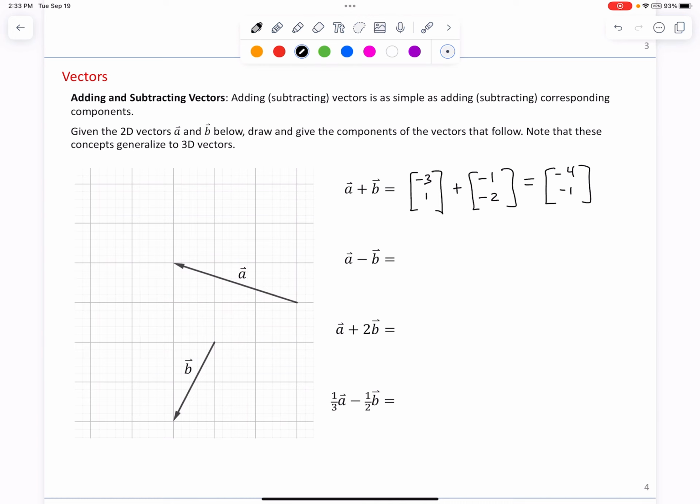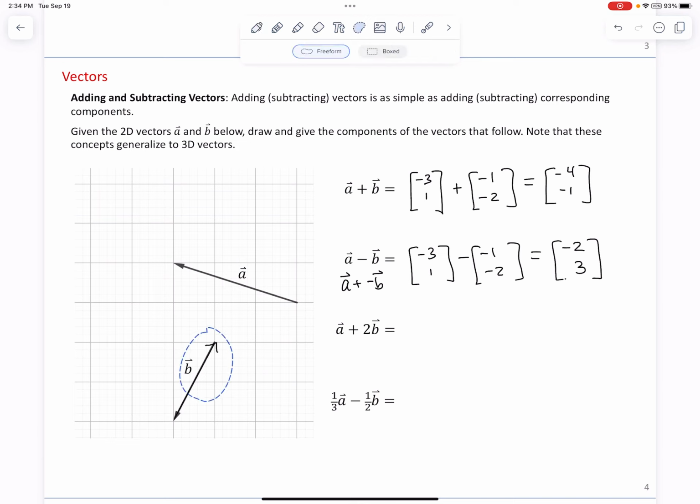Subtracting vectors, you simply subtract components. This would give us -3 minus -1, -3 plus 1, which is -2, and then 1 minus -2, which is 1 plus 2, or 3. Subtraction of vectors can be thought of as addition with an opposite. So you can think of a minus b as being vector a plus the opposite of vector b.